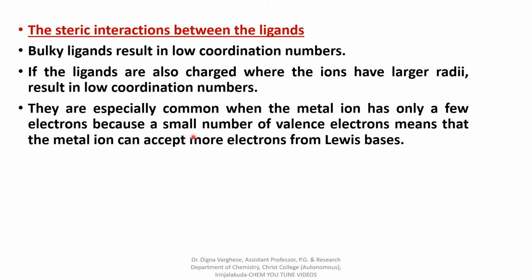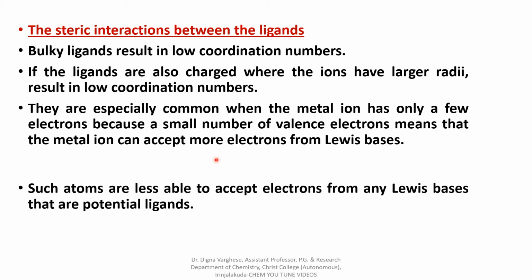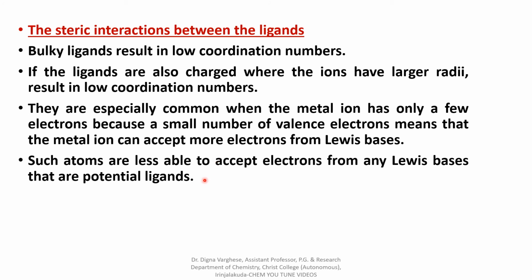They are especially common when the metal ion has only a few electrons, because a small number of valence electrons means that the metal ion is less able to accept electrons from any Lewis bases that are potential ligands.